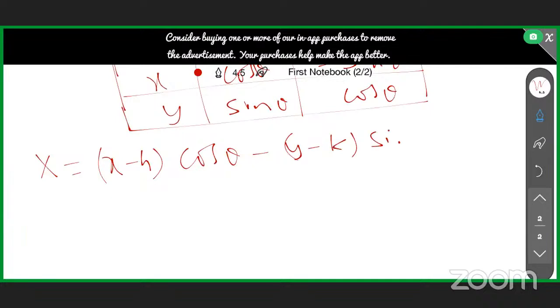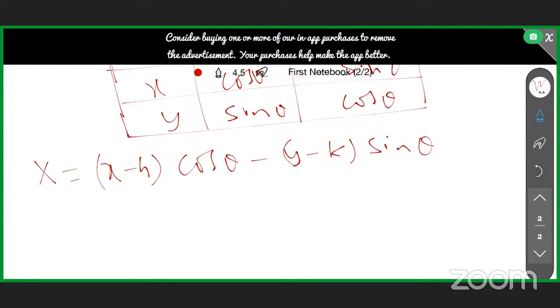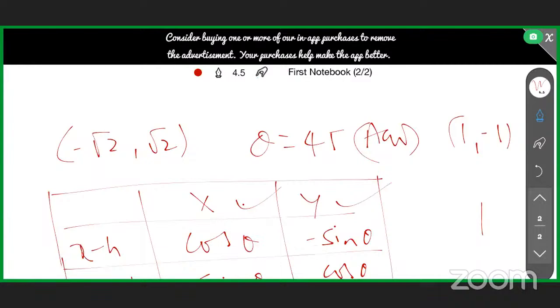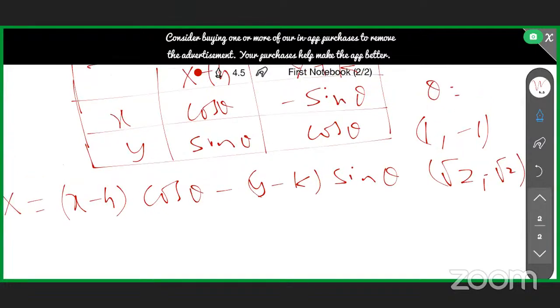Did you understand how I'm getting this X value, dear students? Yes, sir. The point is 1 comma minus 1, shift minus root 2 comma root 2, and theta is equal to minus pi by 4.